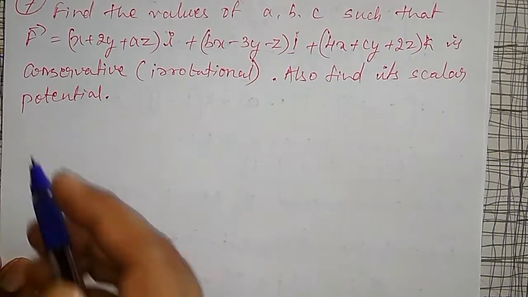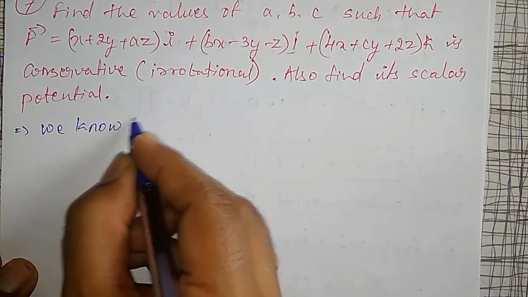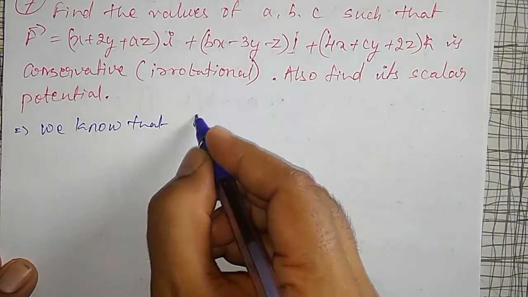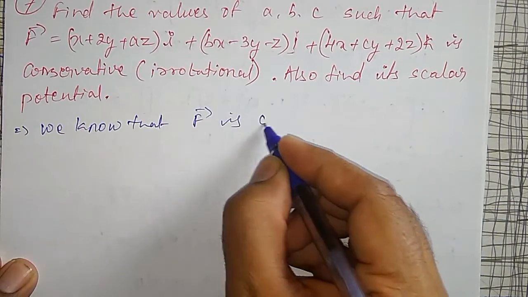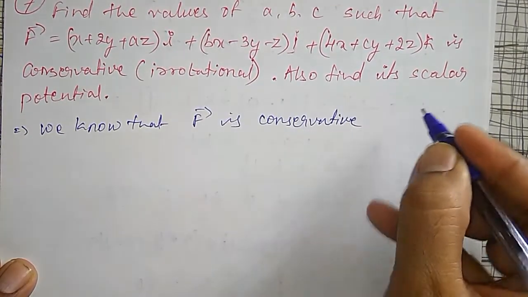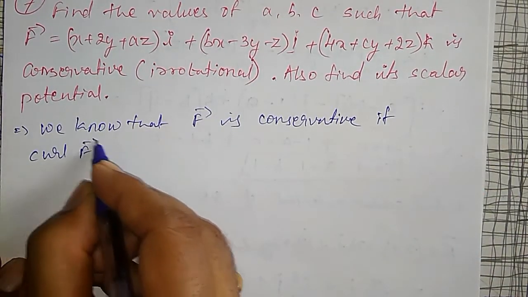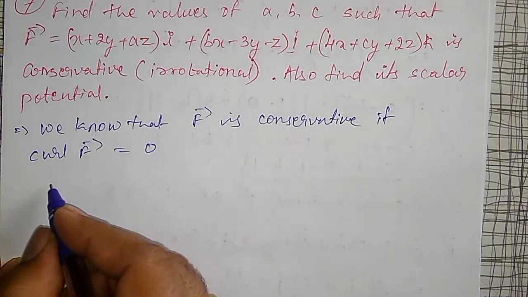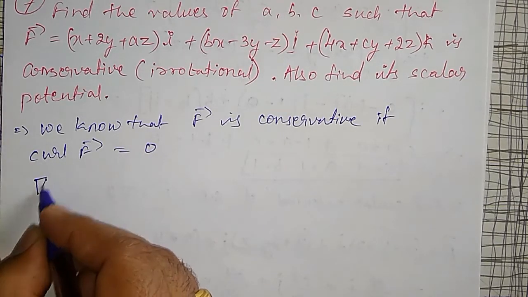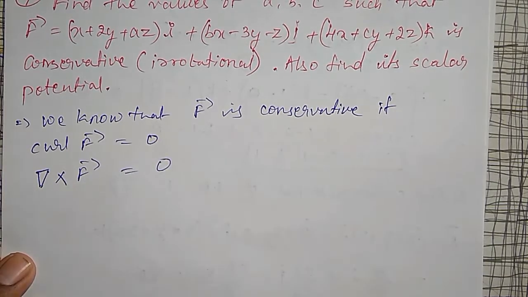Again, we know that f is conservative if curl of f is equal to 0. Then how to find curl of f? Curl of f is equal to del cross f is equal to 0.